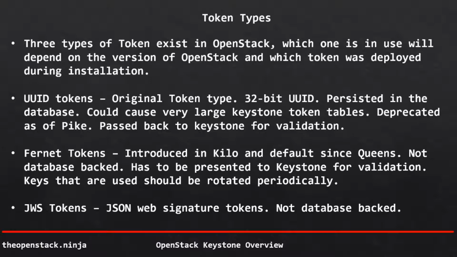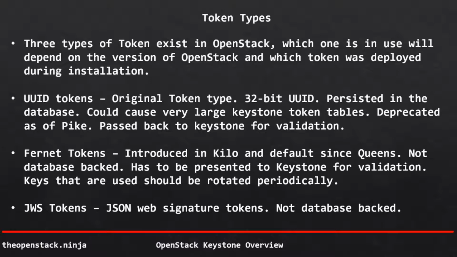But like I say, they are no longer database stored, so the large growth of that Keystone token table goes away. They're very secure, they use PKI. And again, they still have to be presented to Keystone for validation. Instead of storing that data in the database, the data is stored in the actual token itself.